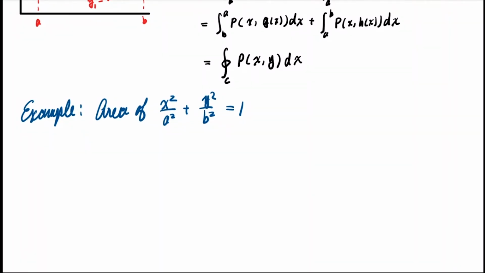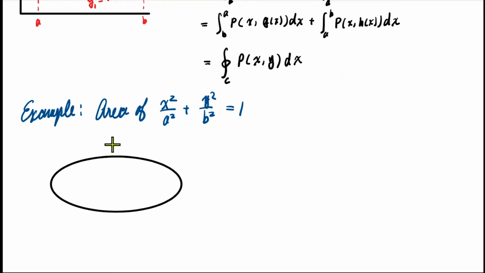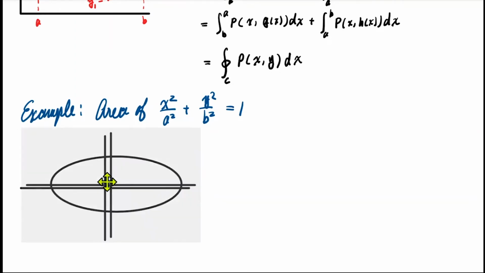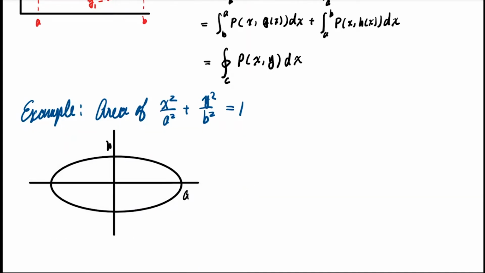But just to illustrate the power of this, I'm going to draw this ellipse like that, and then the coordinate axes. This thing never centers itself. I don't know why. Never. Okay, like that. So this is a and this is b, negative a and negative b. Okay, we want to find the area of this.